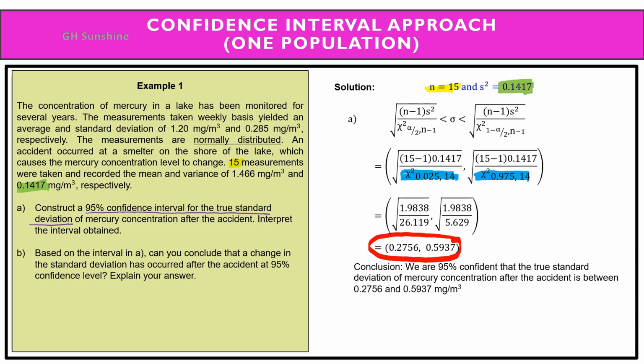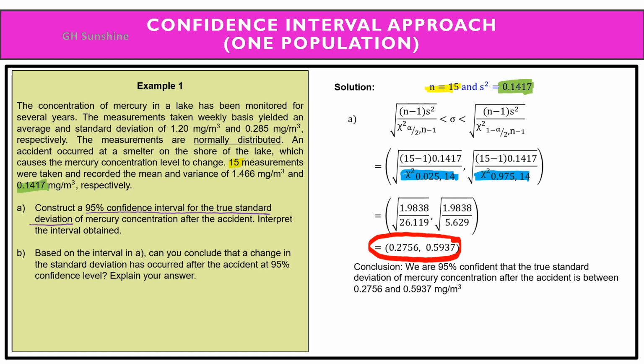Second question. Based on the interval in A, can you conclude that a change in the standard deviation has occurred after the accident at 95% confidence level? Explain your answer.